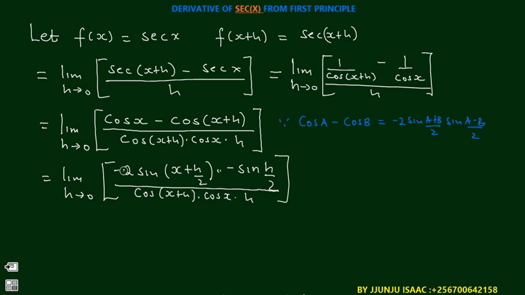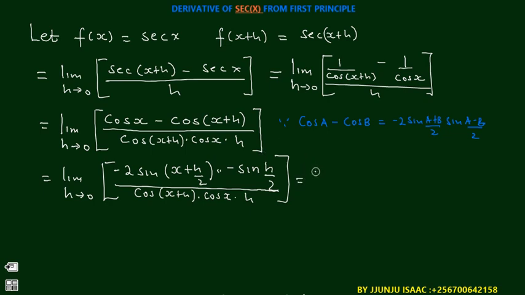So you can see the negative and negative will disappear. I'm going to pull this cos x and put it before the limit. I put it outside because it doesn't depend on h.